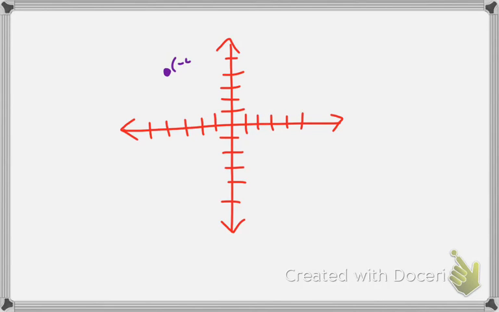I'm going to label it for our own benefit. Let's plot a point at -2, +3, sorry. My bad. Let's plot a point at 1, 1. Let's plot a point at 4, 0.